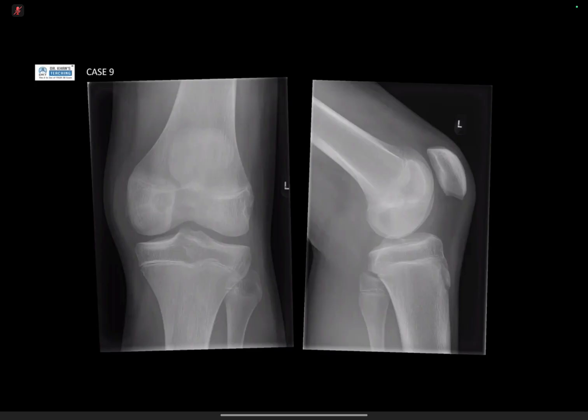This is a frontal radiograph of the left knee, and AP and lateral radiographs. Following the cortices of this immature skeleton, I see the cortices of the femur are continuous and complete, and following the tibia and fibula.